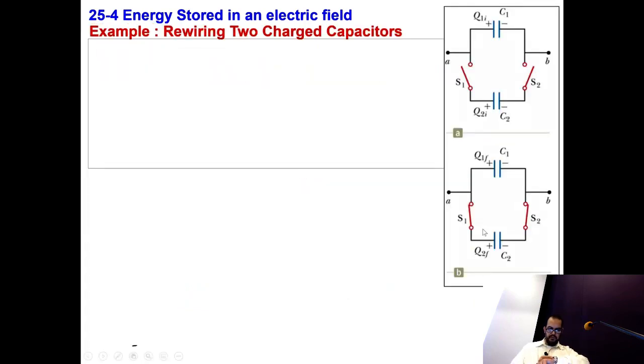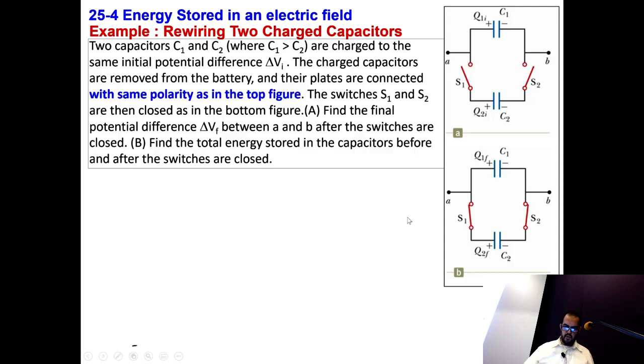Let me do this example. We have two capacitors, C1 and C2. Capacitor C1 is larger than C2. They are charged to the same potential difference delta V initial. They are connected to a battery, then disconnected. So let's say the initial battery has a voltage delta V initial.